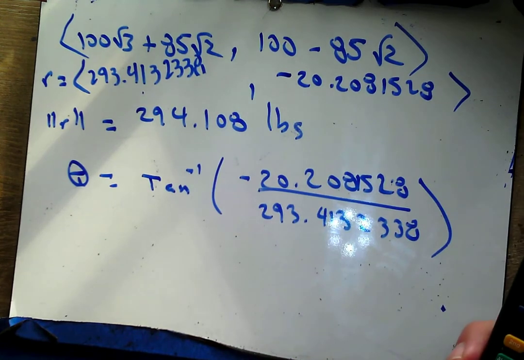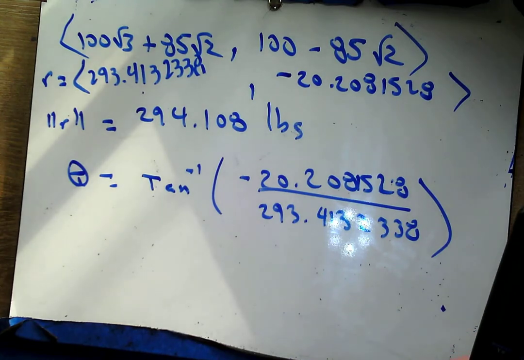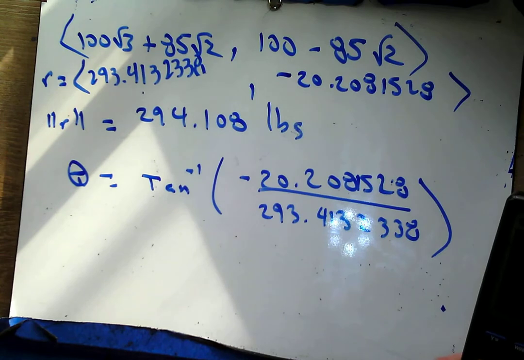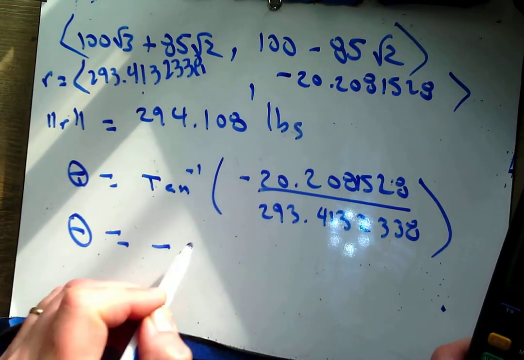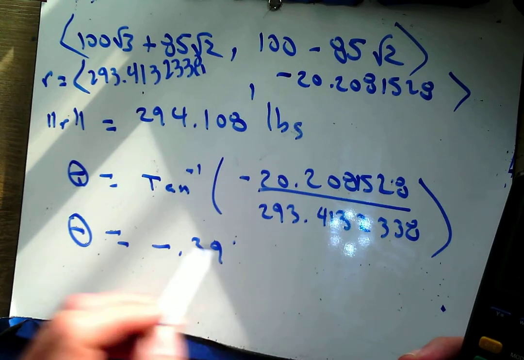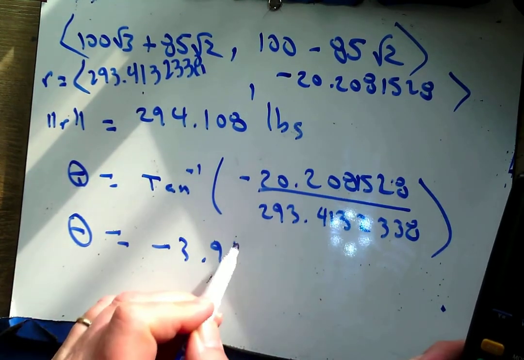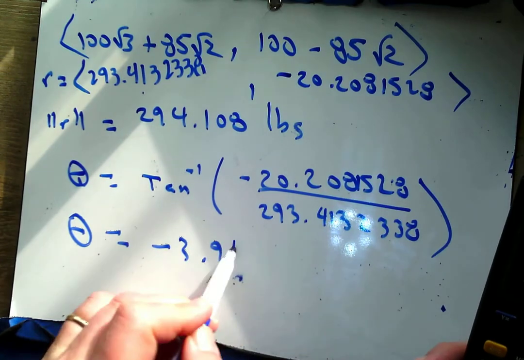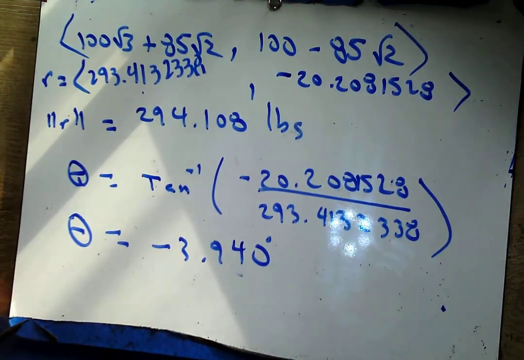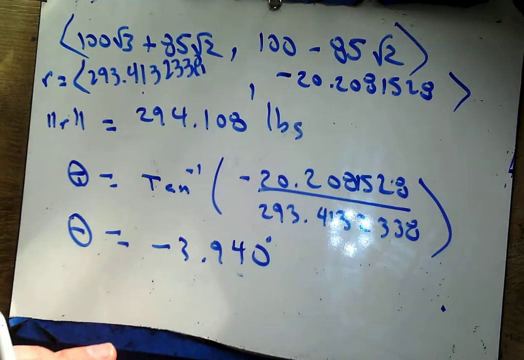Inverse tangent of negative 20.2081528, and I want to divide that number by this 293.4132338. Okay, and I get theta equals negative 3.940 degrees as my resultant vector. And that's great. So my first picture was in fact correct.